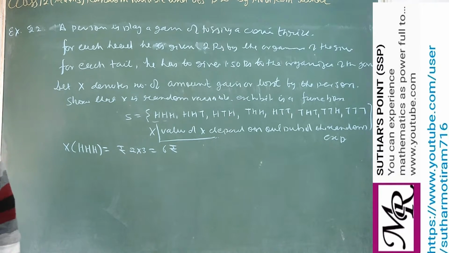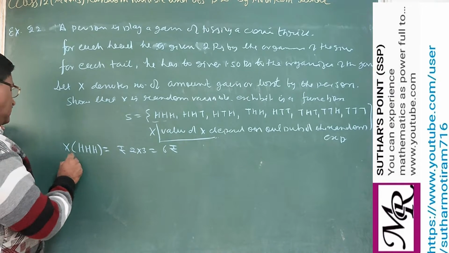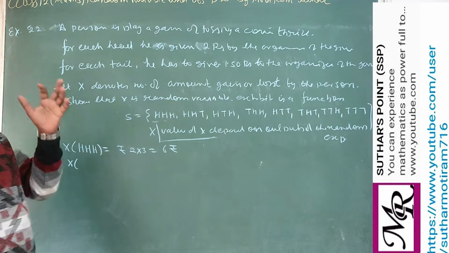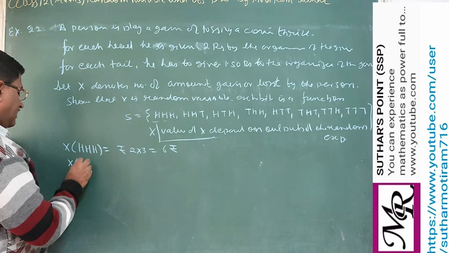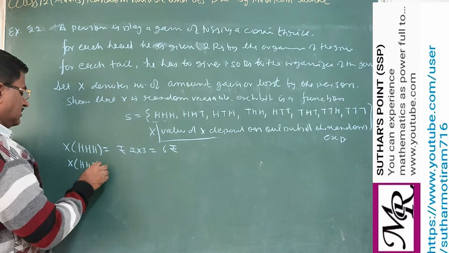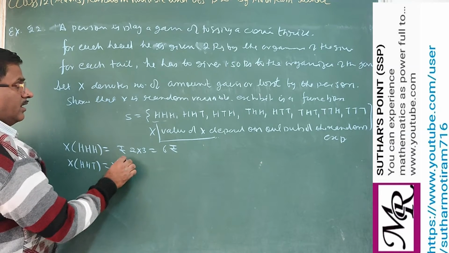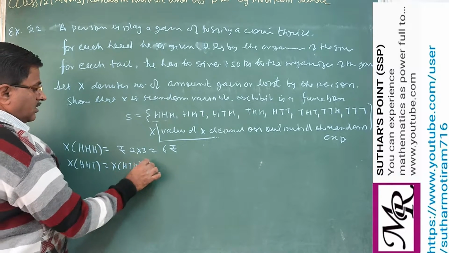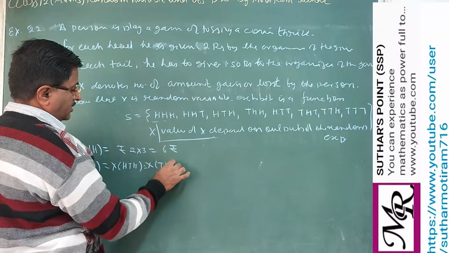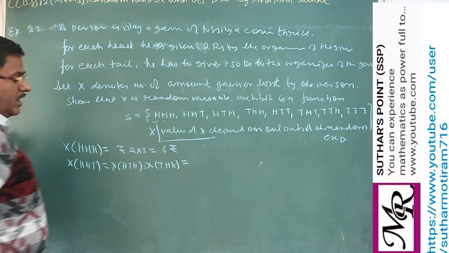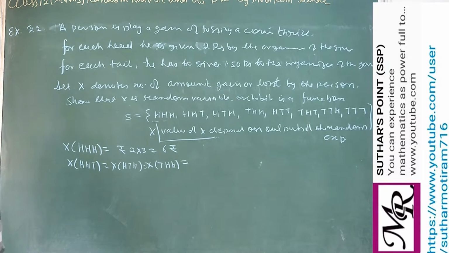It means there is a gain. Similarly, in other cases like HHT, HTH, or THH, in all these cases there are 2 heads and 1 tail. That's why all have equal values.